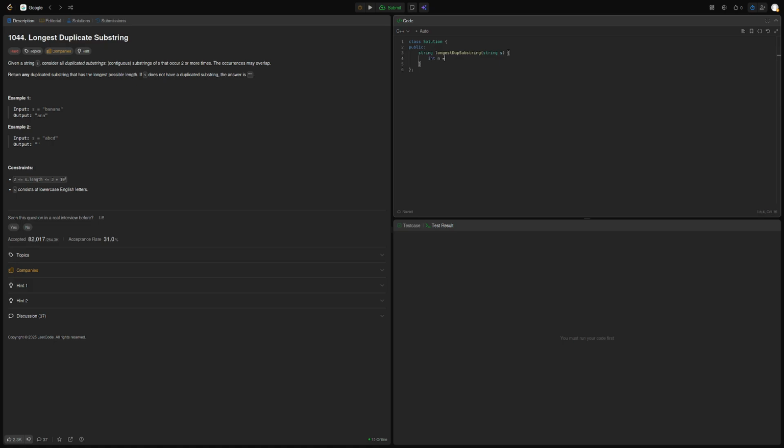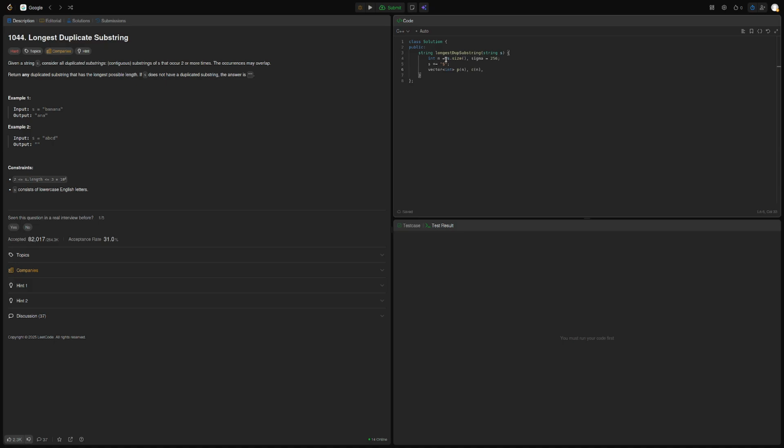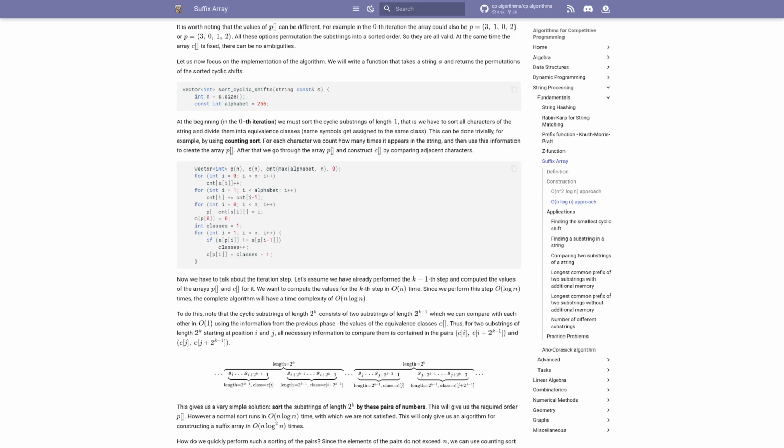So first we grab the size, and sigma is gonna be 256. Then we do s plus equals a sentinel character, and then vector int p, n, c, n, just like some alphabet, max of alphabet and n. Why would you do that though?